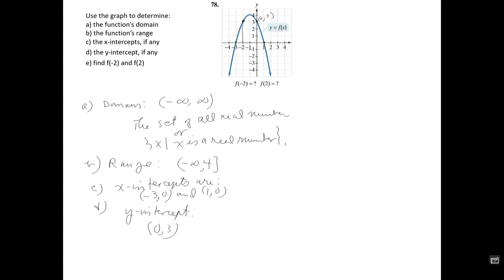So f of -2 is 3. And for f of 2, the x input is 2, and we see where the graph is for 2, it's here. So f of 2 is going to be -5.